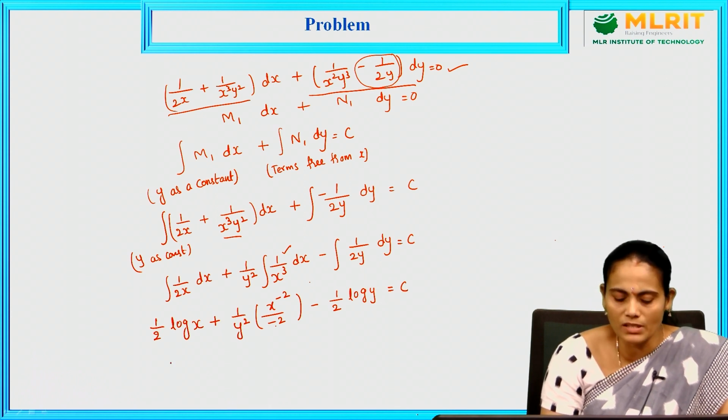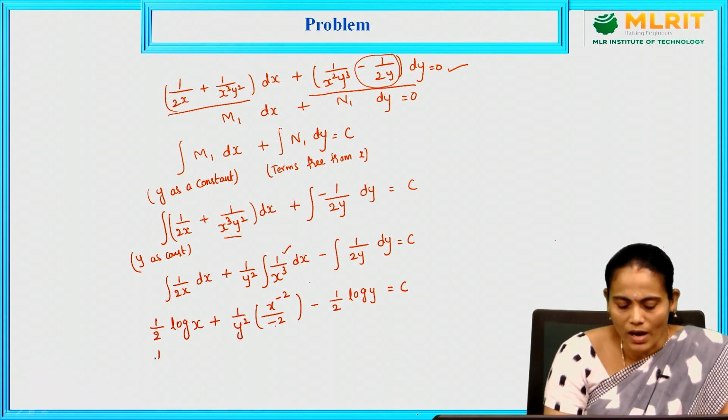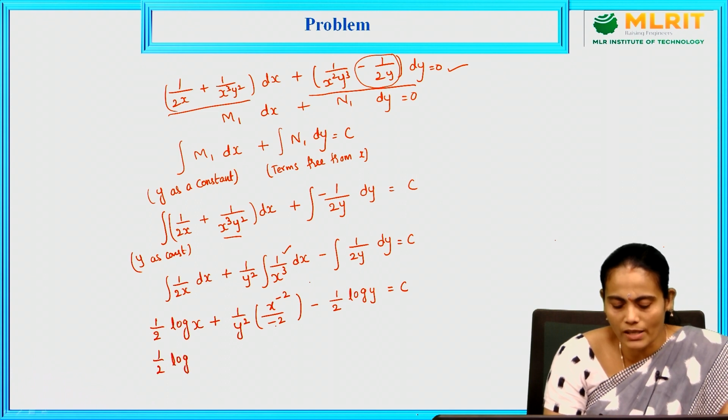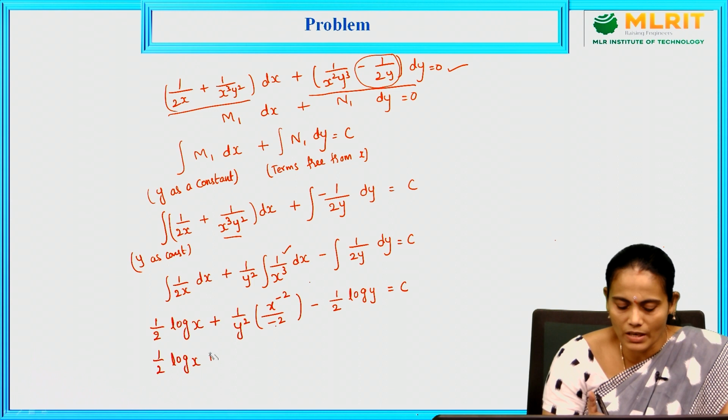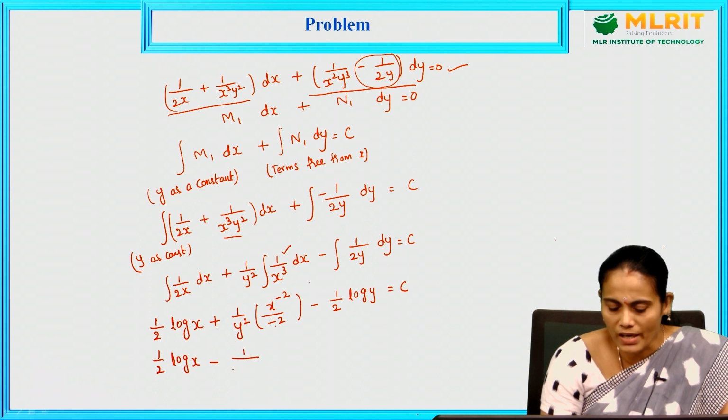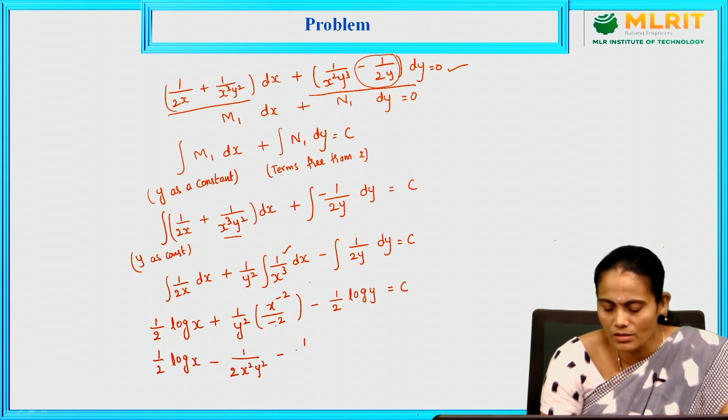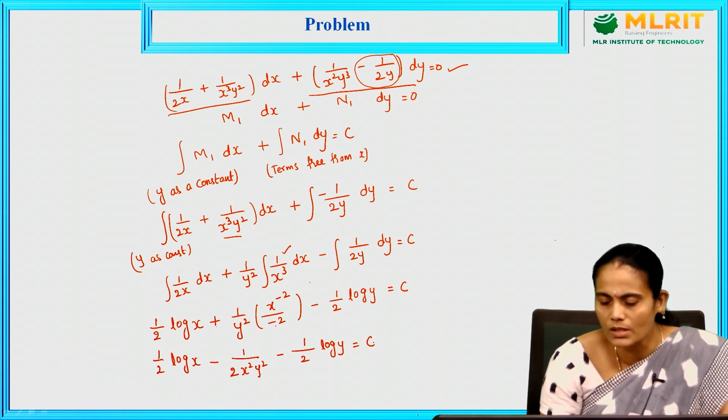And now see the simplification here. So 1 by 2 log x plus, here we will get the minus, so plus into minus is minus, minus 1 by 2 x square y square minus 1 by 2 into log y is equal to c.